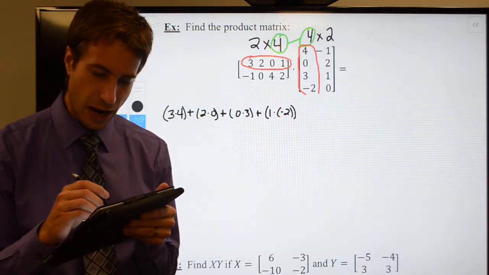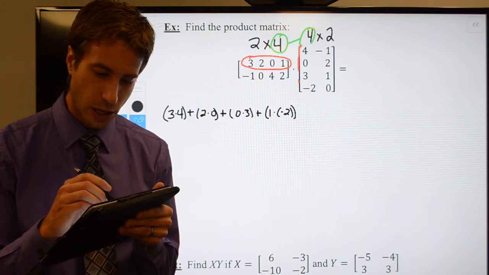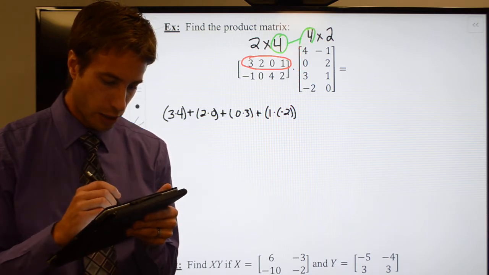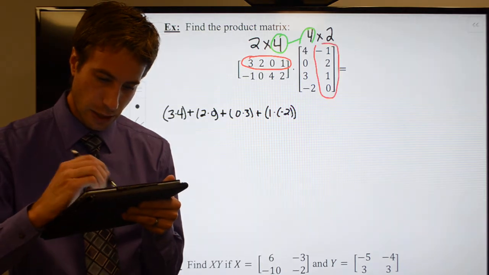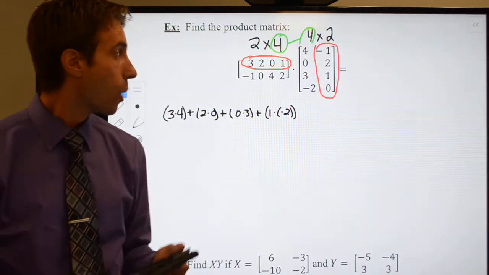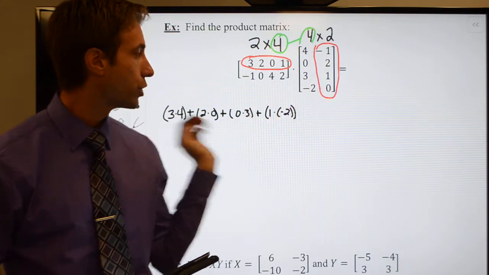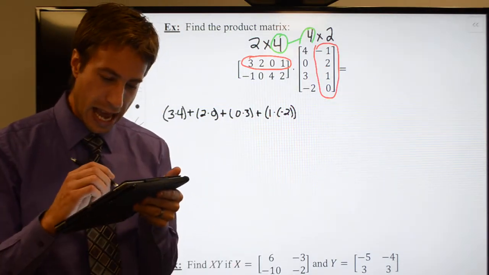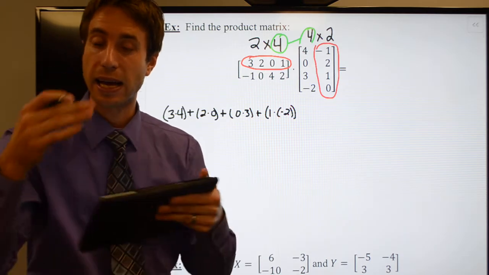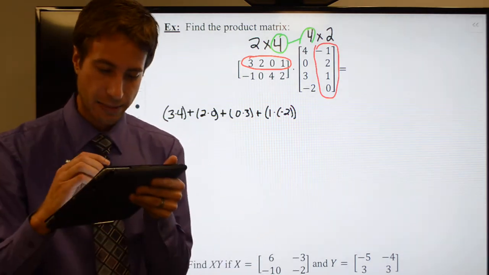But now that I've taken care of row 1, column 1, I need to go ahead and do row 1, column 2, because that makes the most sense to me. So let's do that. For row 1, column 2, I'm going to multiply corresponding elements and then add them together.